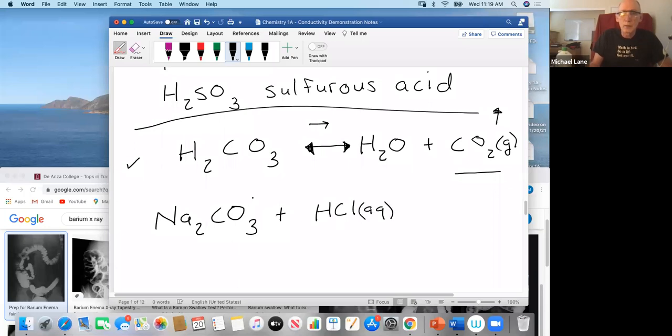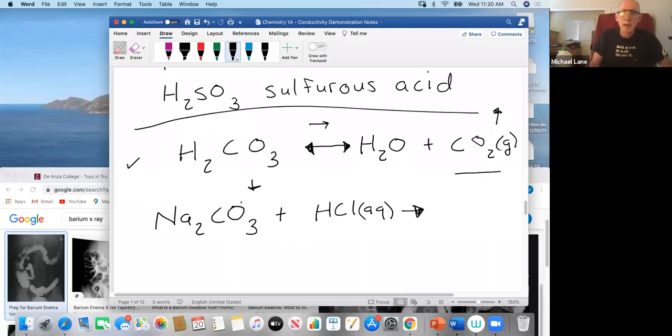I'm not going to write the state symbol again, because it just means too much writing and potentially confuses other issues. The sodium carbonate is also aqueous. So it reacts to form, in this case, a double displacement reaction.